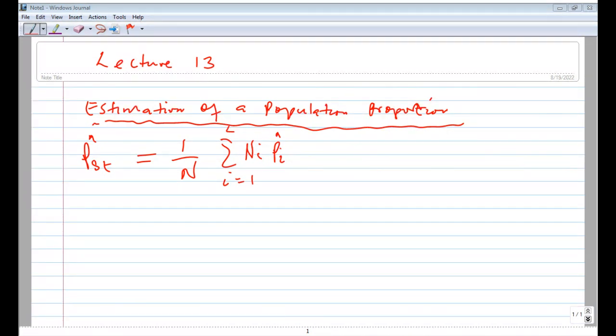Now the estimated variance of the estimated population proportion under stratified random sampling. How do we calculate that?